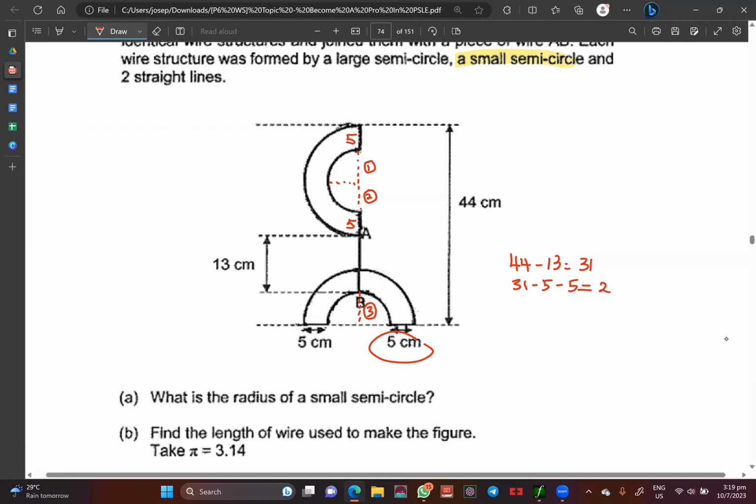I get 21. What exactly is this 21? This 21 is basically number 1, number 2, number 3. So 1 plus 2 plus 3 is equal to 21, correct? I just want to find one of it. So one of it is simply 21 divided by 3, and that gives me 7 cm.